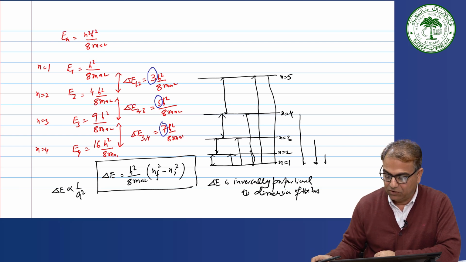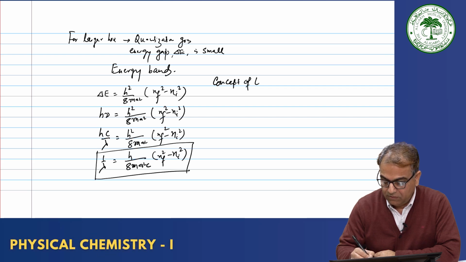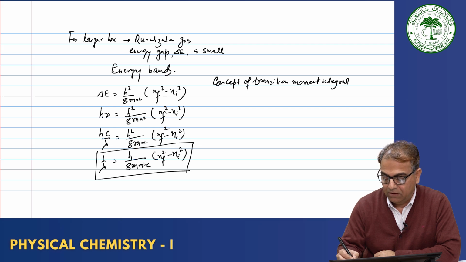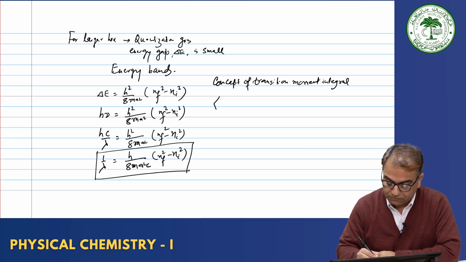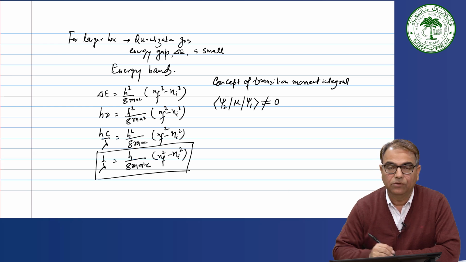This selection rule is based on the transition moment integral, which we say is equal to the integral in between any two, say, psi 1 and psi 2, and this should not be equal to 0.